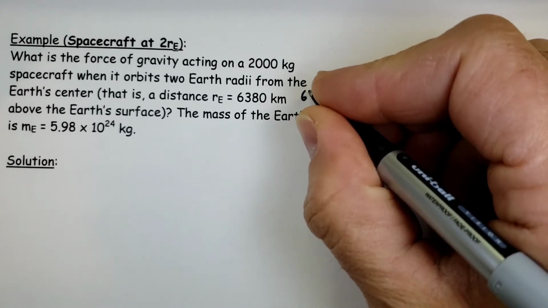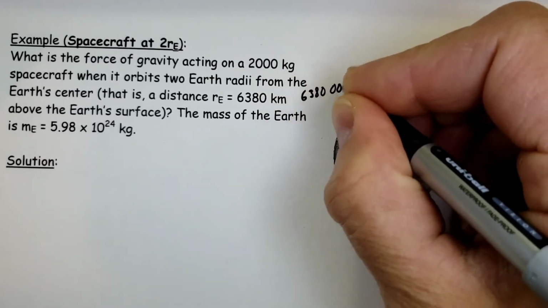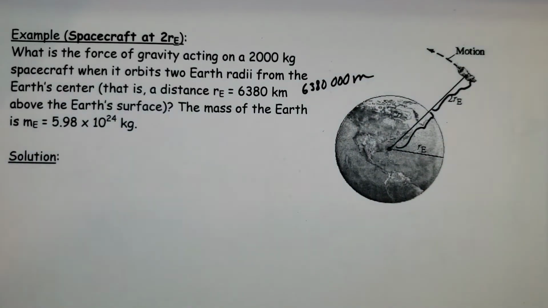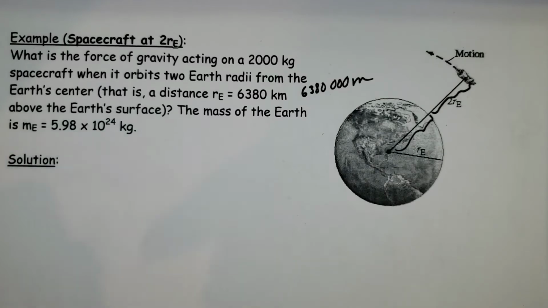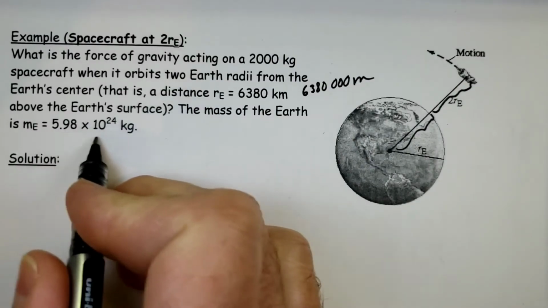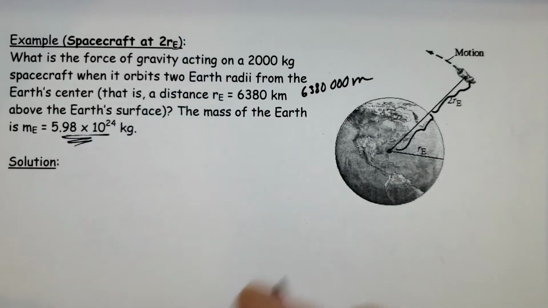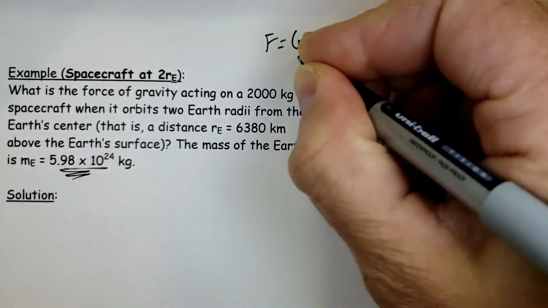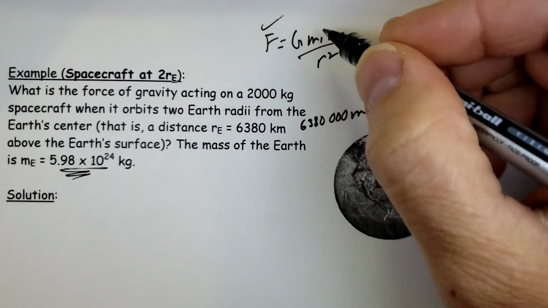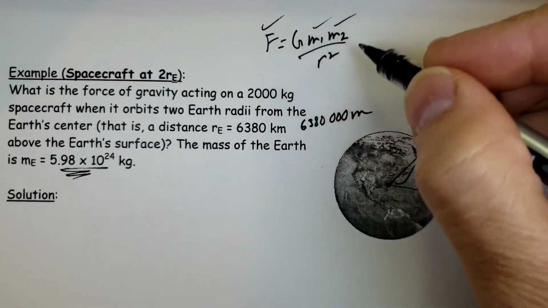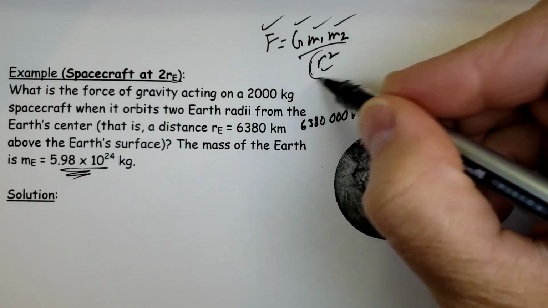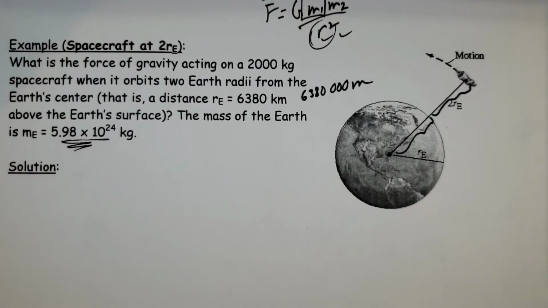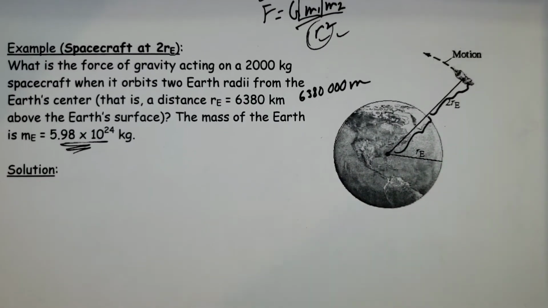And yes, I'll have a video showing how that was determined. So 6,380,000 meters. And the mass of the Earth, man, you're wondering, how in the world can you figure out the mass of the Earth? Well, if you can figure out the force between the Earth and two other objects, and we know the radius of the Earth, then you can figure out the mass of the Earth, and we'll look at that in another video.